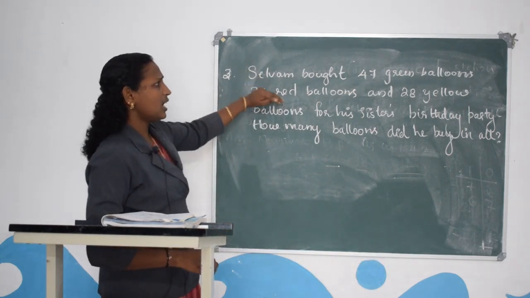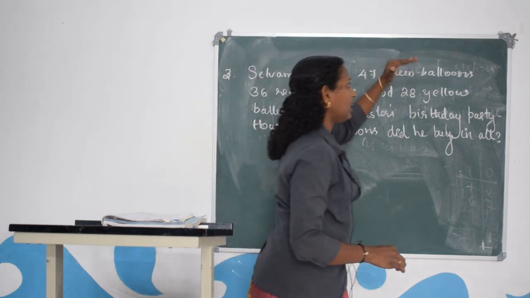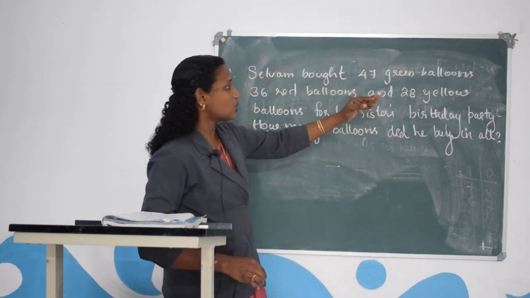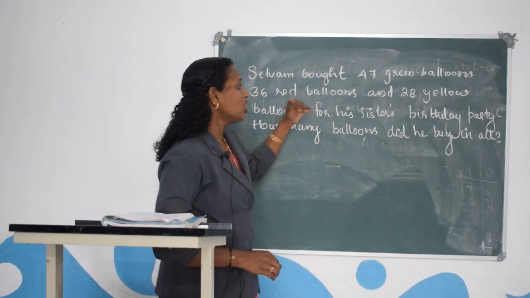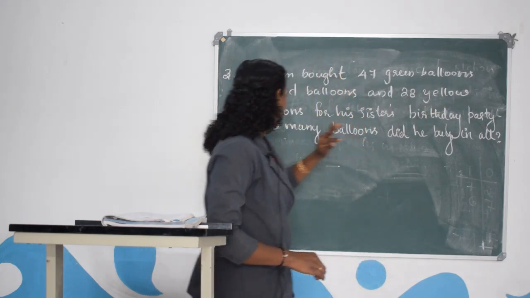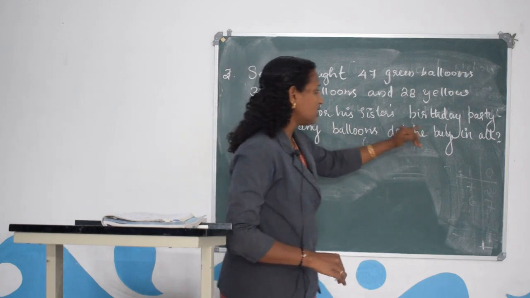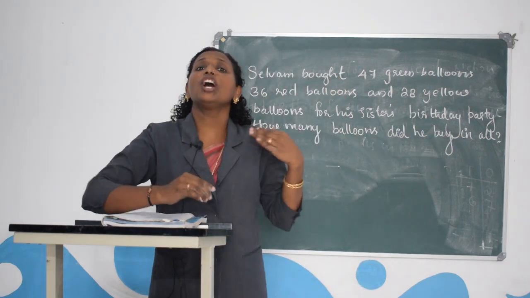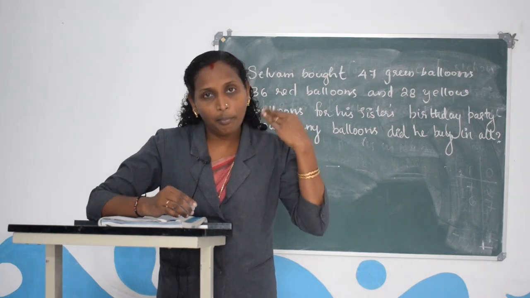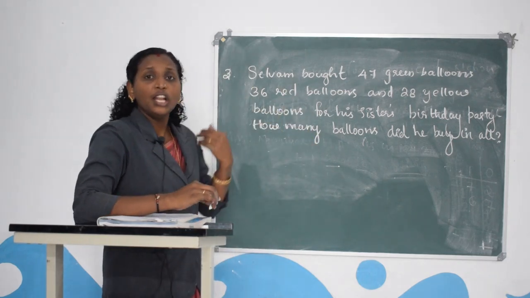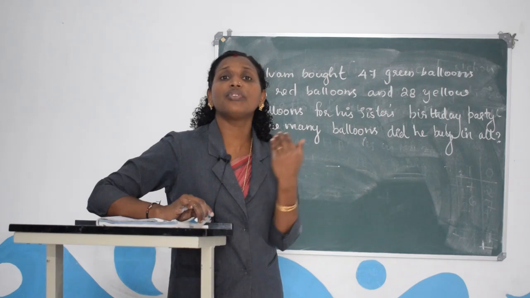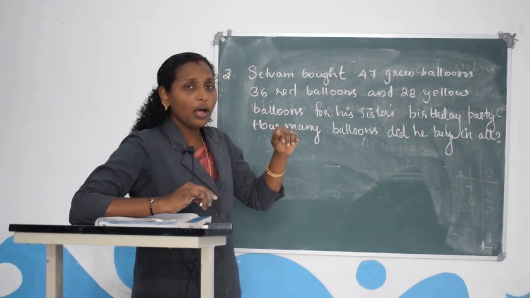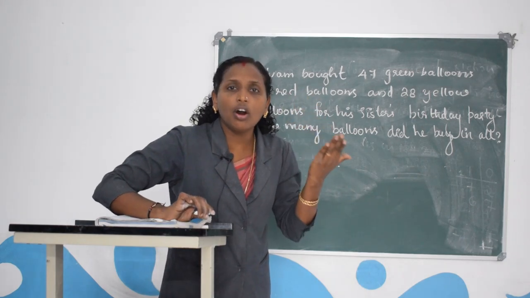Look at the question. Selvam bought 47 green balloons and 36 red balloons and 28 yellow balloons for his sister's birthday party. How many balloons did he buy in all? That means to find the total number of balloons, which means to find the sum of green balloons, red balloons and yellow balloons.